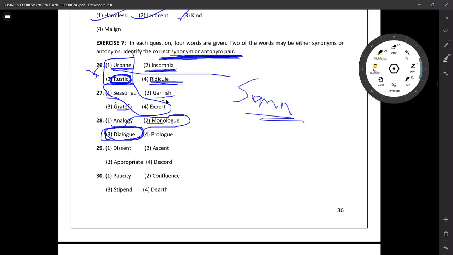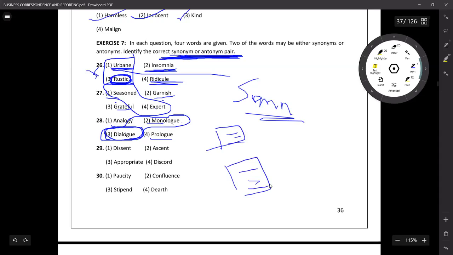Okay, analogy, similarity. Prologue. When you're writing a book, first you will put the prologue. Correct? The introduction is the prologue, and the last page or the conclusion is epilogue. Epilogue means the conclusion, and prologue means the preface. Very good. The first part, the introduction, the preface, the foreword.